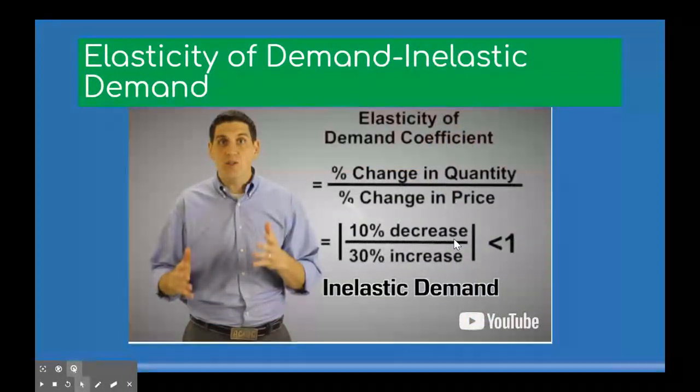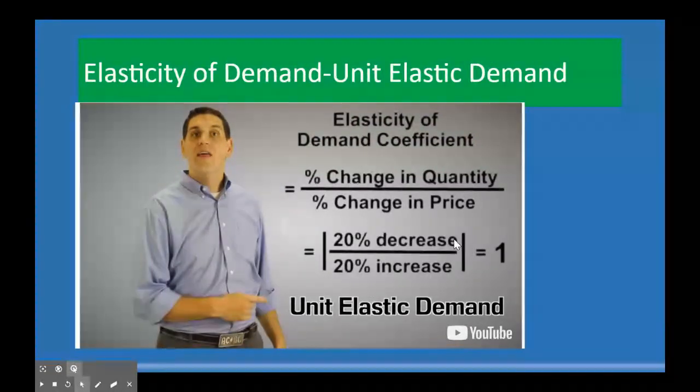With inelastic demand, you would have a number less than 1, and usually that's represented here. When you had a 10% decrease in the change in quantity and a 30% change in price, that would have been less than 1, and therefore you end up with inelastic demand. To get unit elastic demand, you would have to have the same percentage of change in quantity and the same percentage in the change in price in order to get a number of exactly 1.